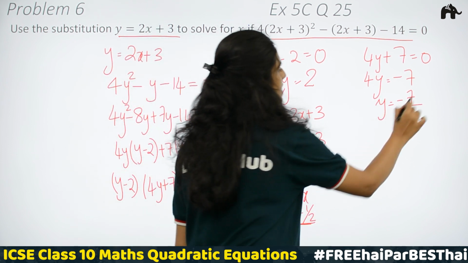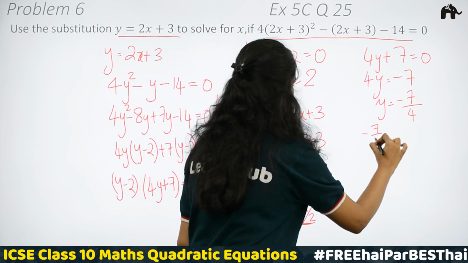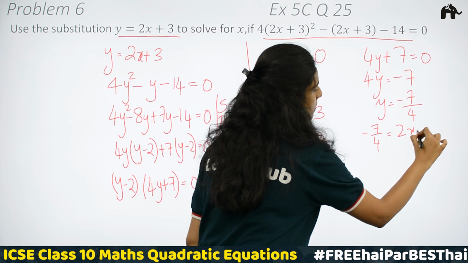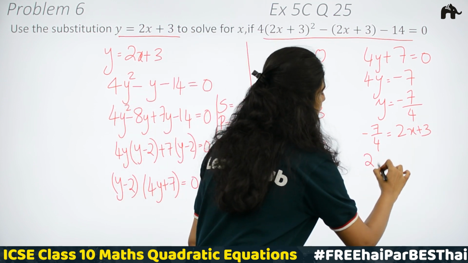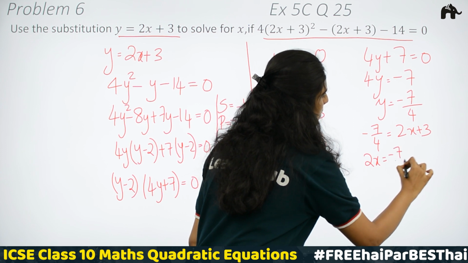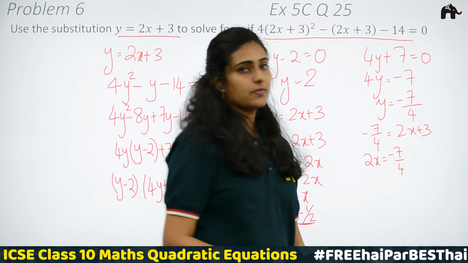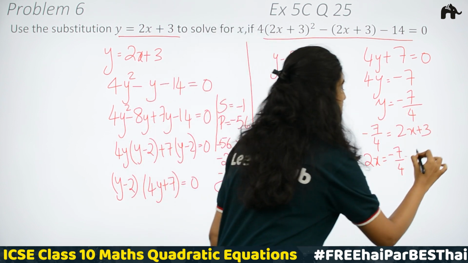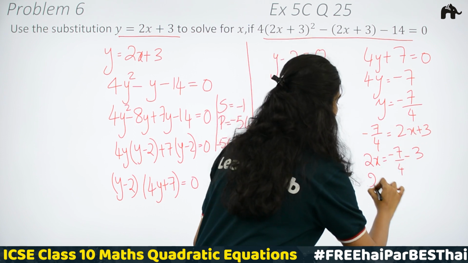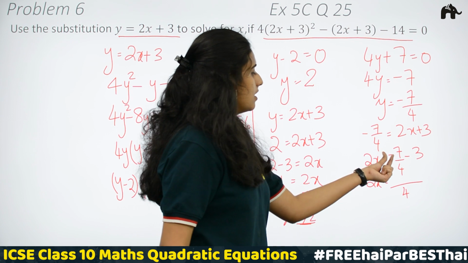Now, when y is equal to minus 7 by 4, we get minus 7 by 4 is equal to 2x plus 3. That is 2x is equal to minus 7 by 4, taking this positive 3 to the opposite side, that is minus 3. 2x, taking LCM here, we get 4.